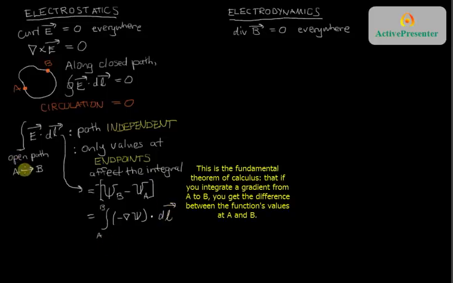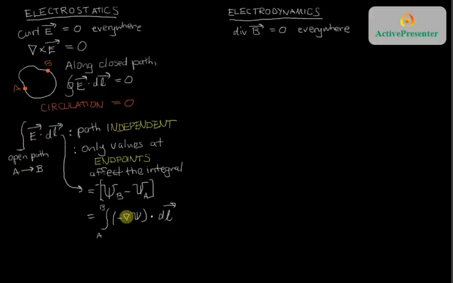So now I've got two integrals along an arbitrary path from A to B, E dot dl and negative grad psi dot dl. And since this is true for any path, these two integrals are equal along any path, so these integrands must be equal.